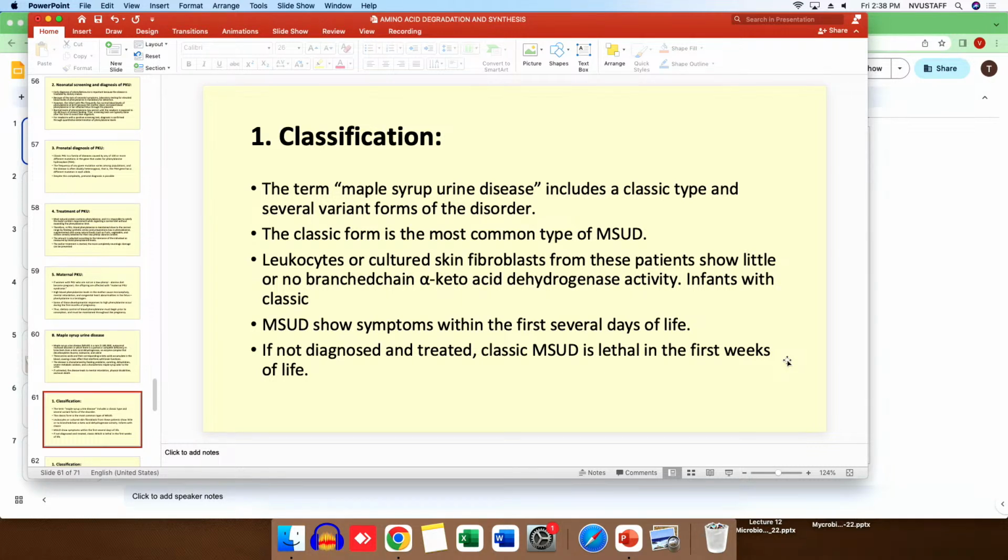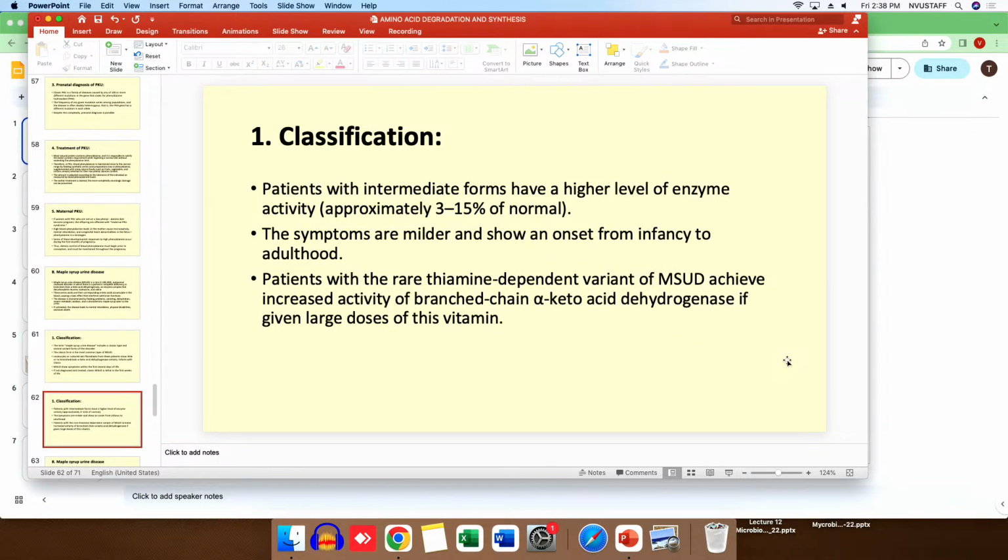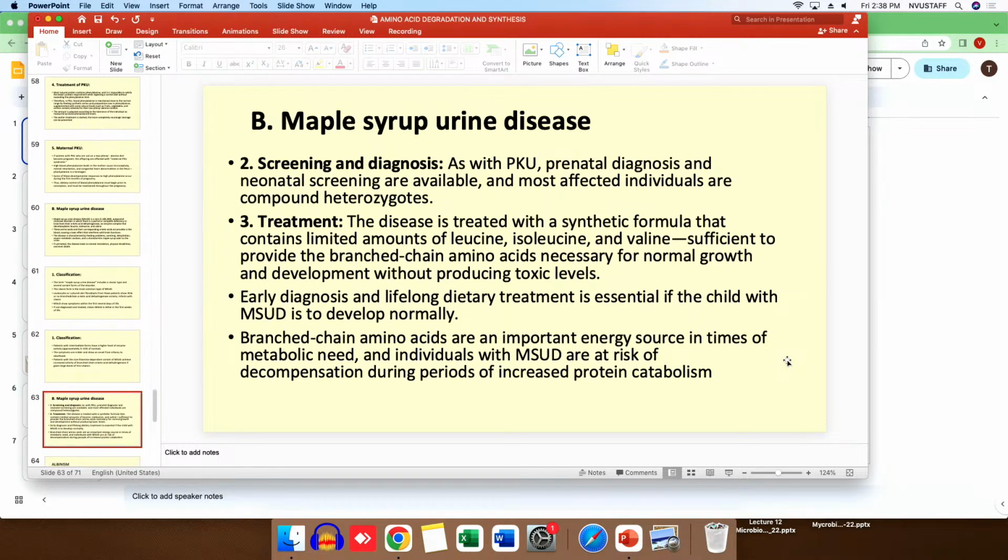There are different classifications of maple syrup urine disease, classical and non-classical form. It's not necessary for you to know the different types. Both of them will show signs and symptoms early in life. Treatment is the diet. Screening is mandatory all the time, and of course it's screened almost all over the world.